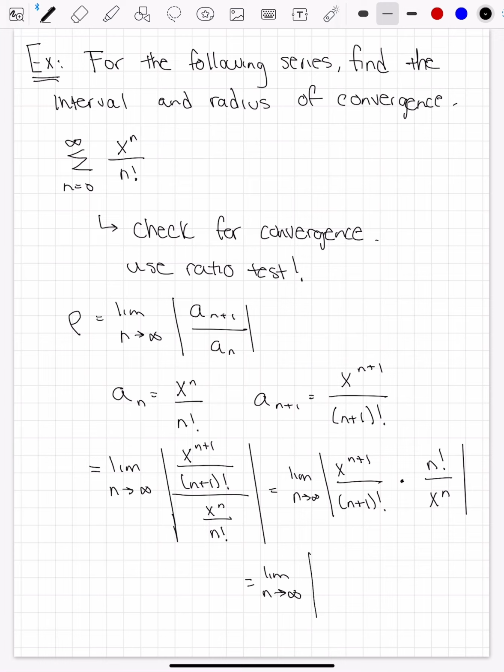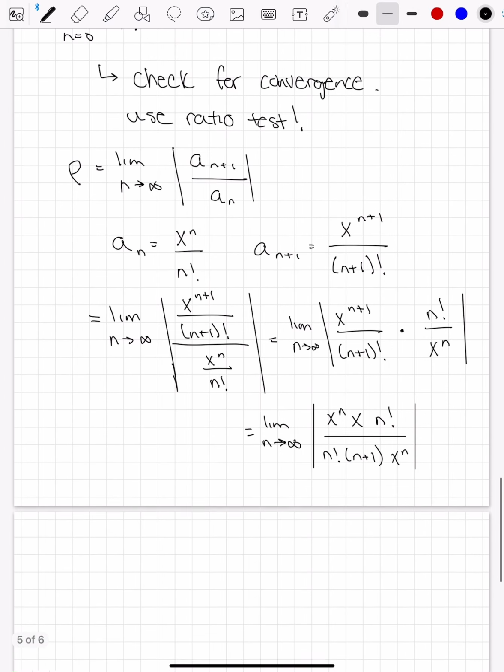So x to the n plus 1, using rules of exponents, is x to the n times x to the 1, and n plus 1 factorial is all of the first n terms times n plus 1, and then we have x to the n to bring over.